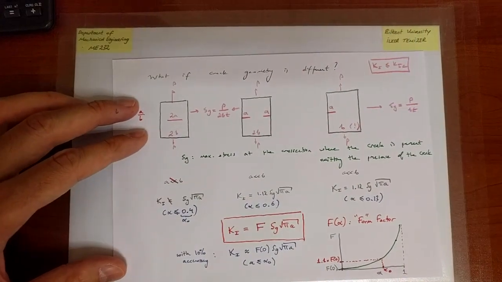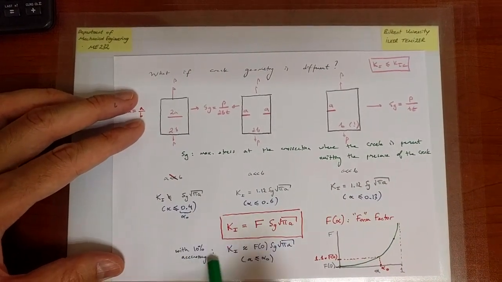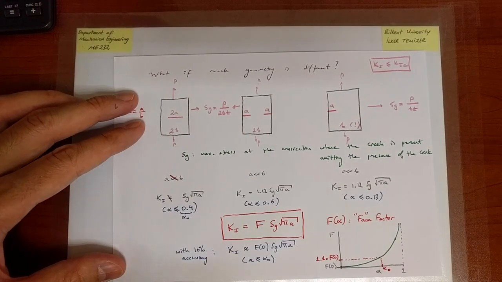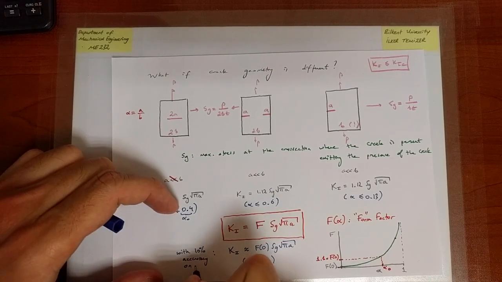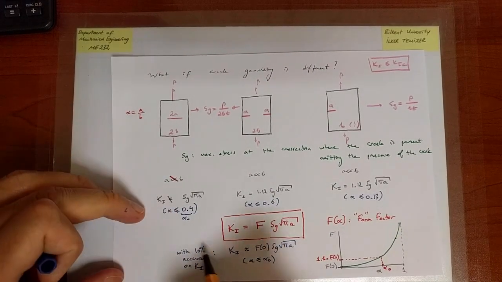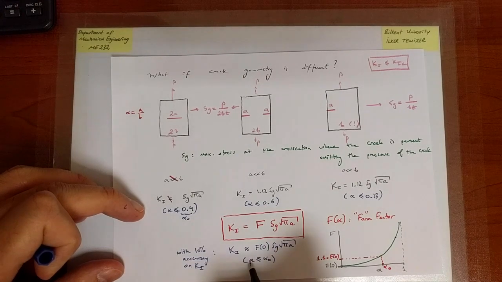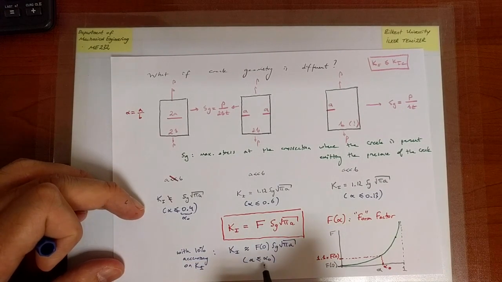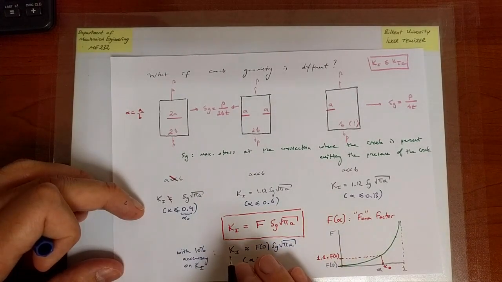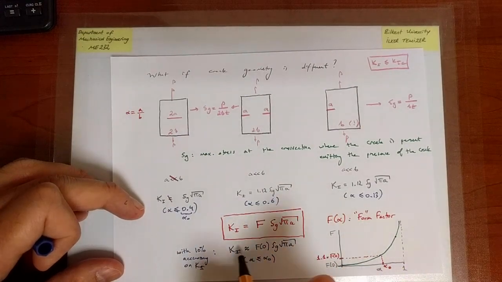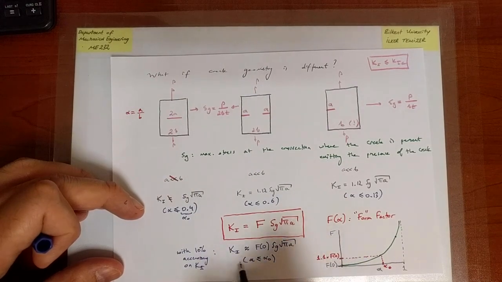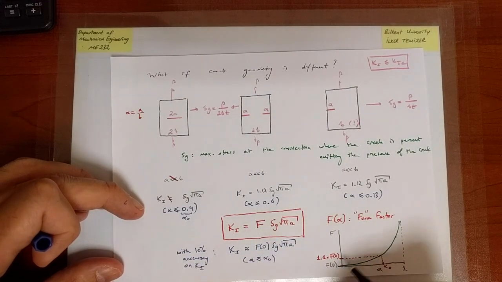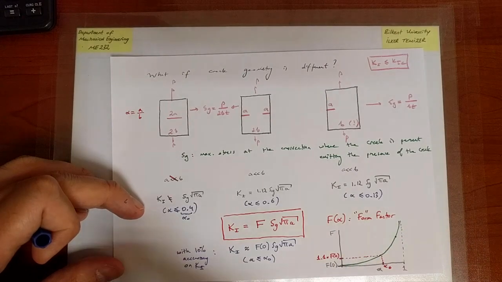So to summarize, people have agreed upon a so-called 10% accuracy limit on f and therefore on k1. Let us remember it to be on k1. Okay, so with 10% accuracy on k1, if this assumption is satisfied, you can use this approximate expression, which is very simple. If it's not satisfied, you certainly need to use the red equation. You can always use the red equation, irrespective of whether the 10% limit is satisfied or not. That would be working with the exact green line all the time.